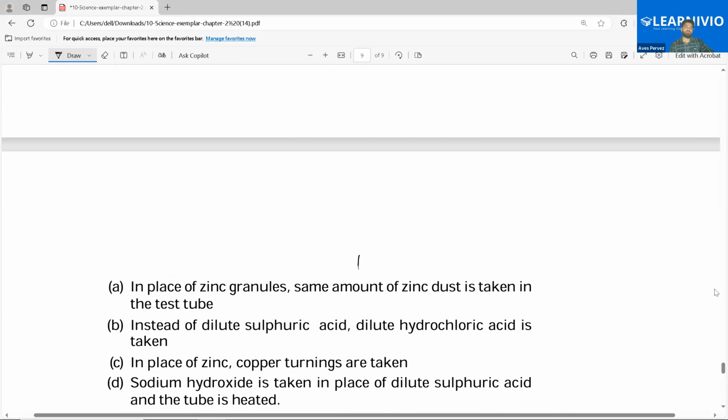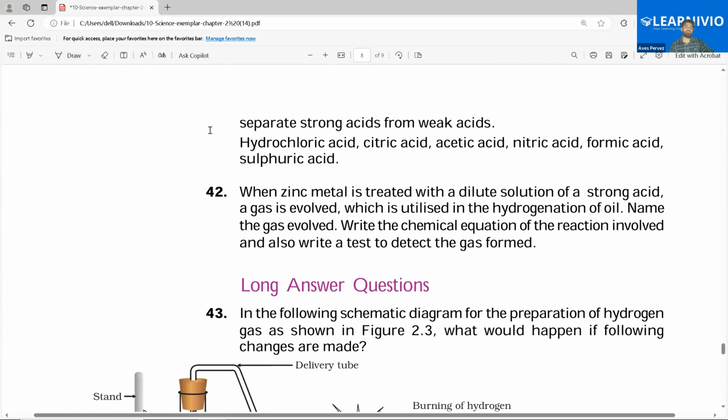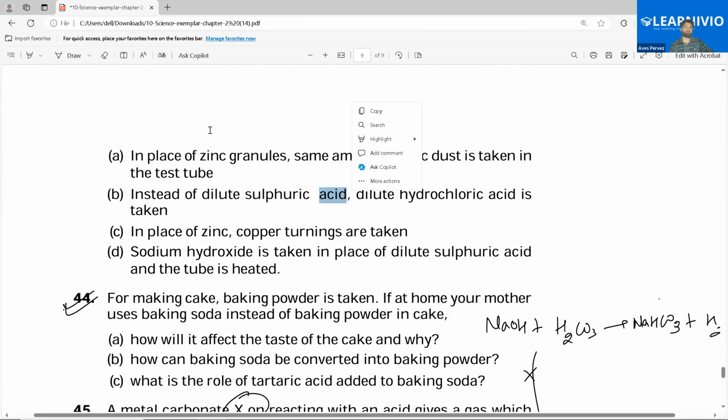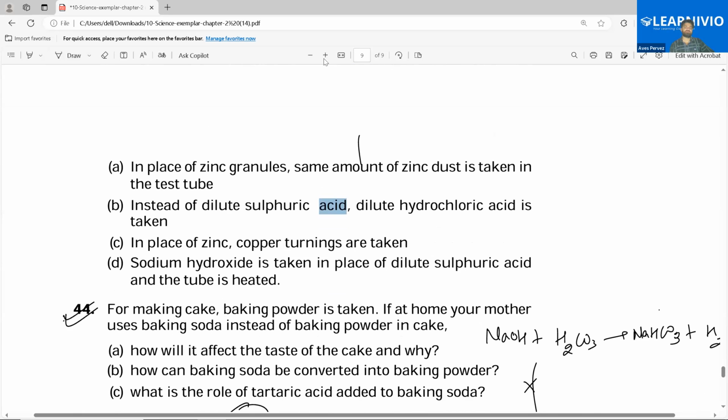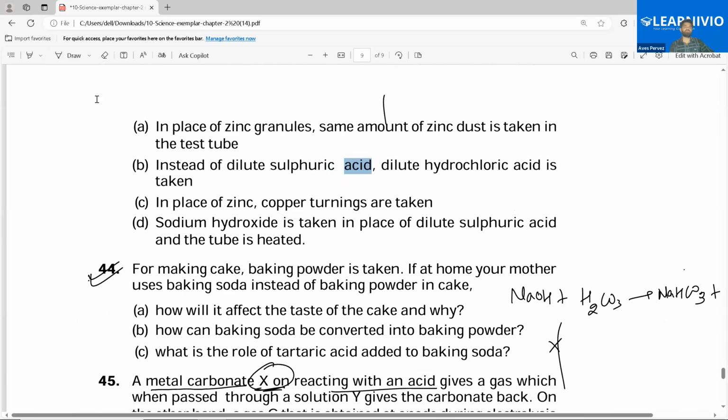Maha, what is the answer for the next part? For the next one, baking soda can be converted into baking powder when an edible acid is added to it. Okay. Aisha, can you name the edible acid that is being used to convert it?